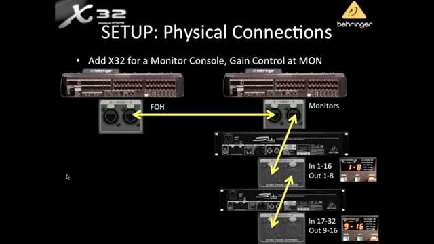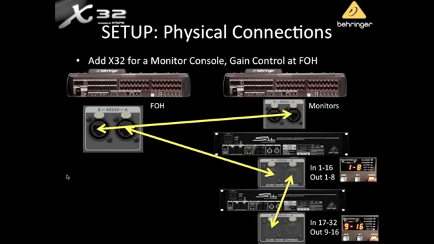The most simple setup is what I'm showing you here, where you're actually going to have your monitor console on stage near your S16s most likely, and then you're going to run a cable to front of house. If you wanted to have gain control from front of house instead, you would have to run another Cat5 cable from the front of house console back to the stage.